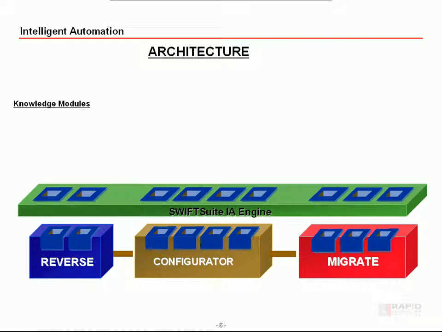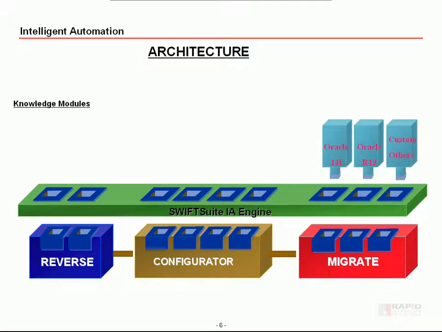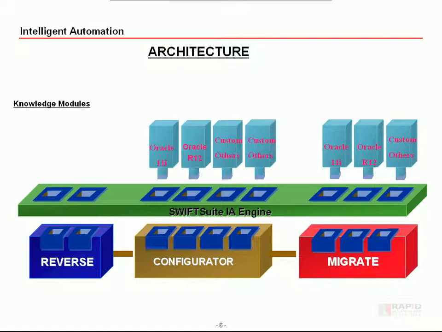The engine controls how these tools operate and work together. The engine is fed with information from knowledge modules, and we currently have knowledge modules, as you can see there, for 11i and release 12. And those knowledge modules are then placed into the engine, which enables it to know exactly what to do.